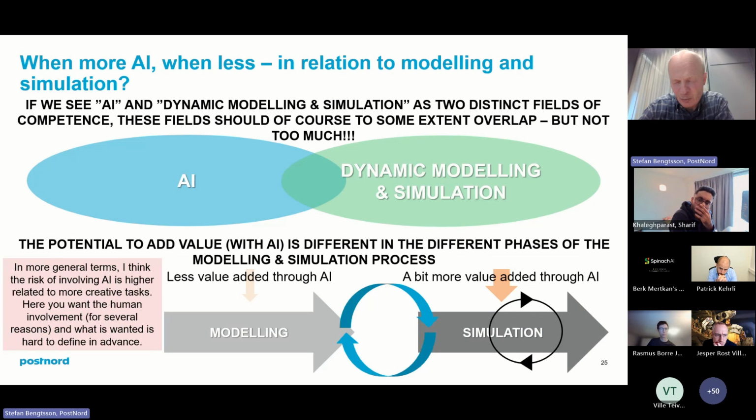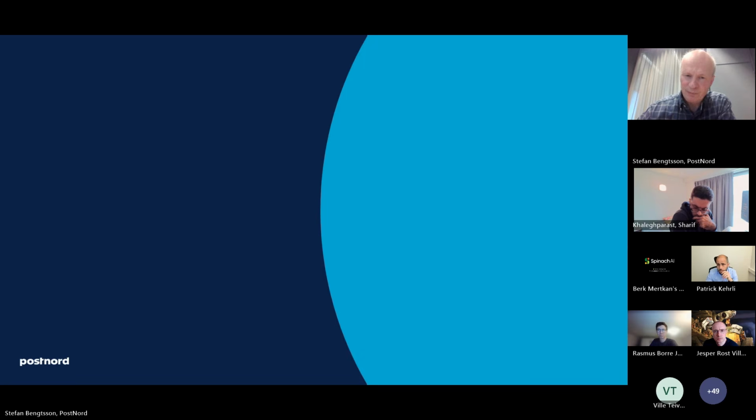But I agree with the thoughts Benjamin has, that if it can simplify parts of the modeling process, great, but not take over. I see very, very strong warning signs related to that. Now I'm at the end, and sorry for taking a long time.